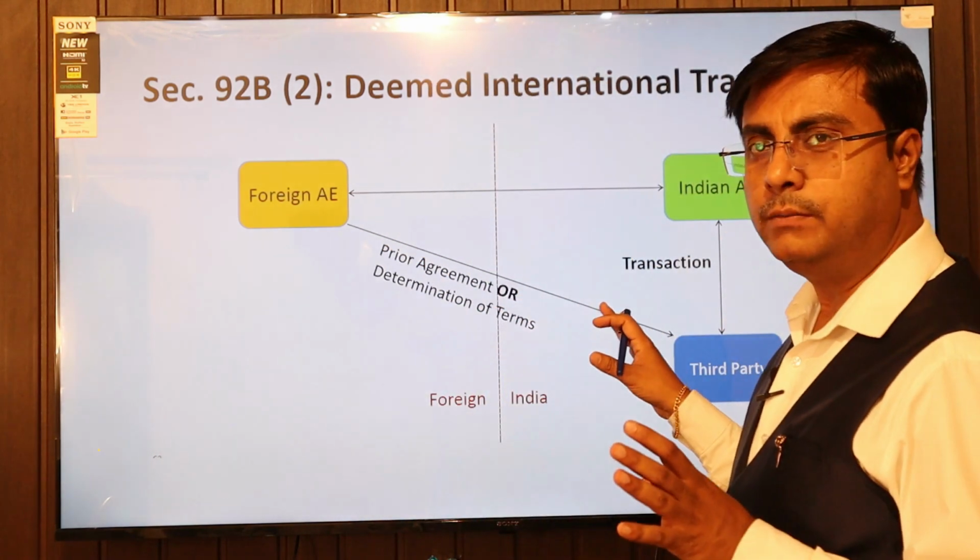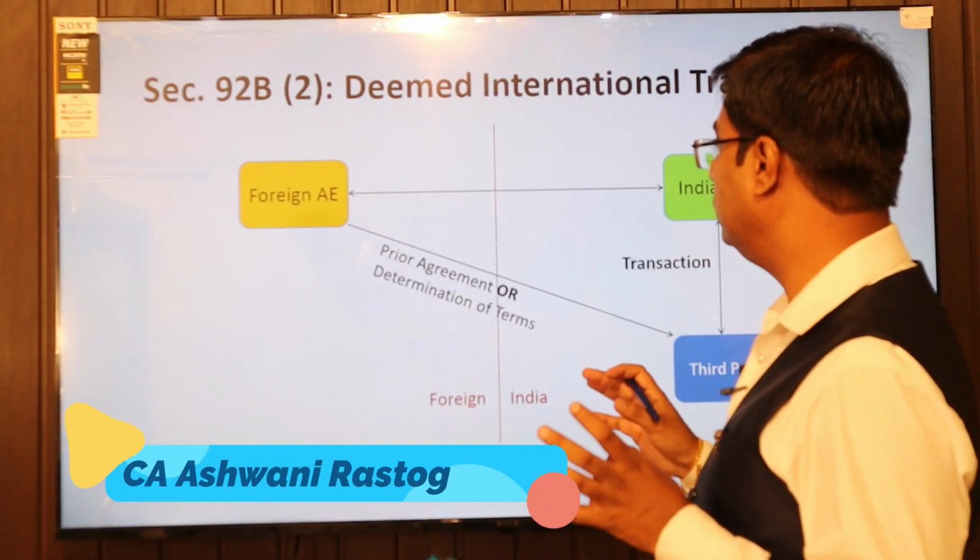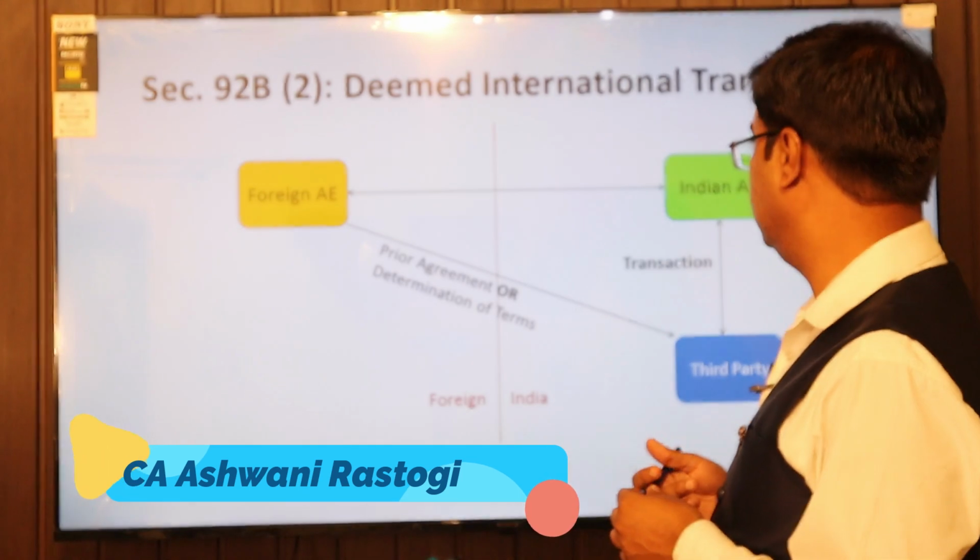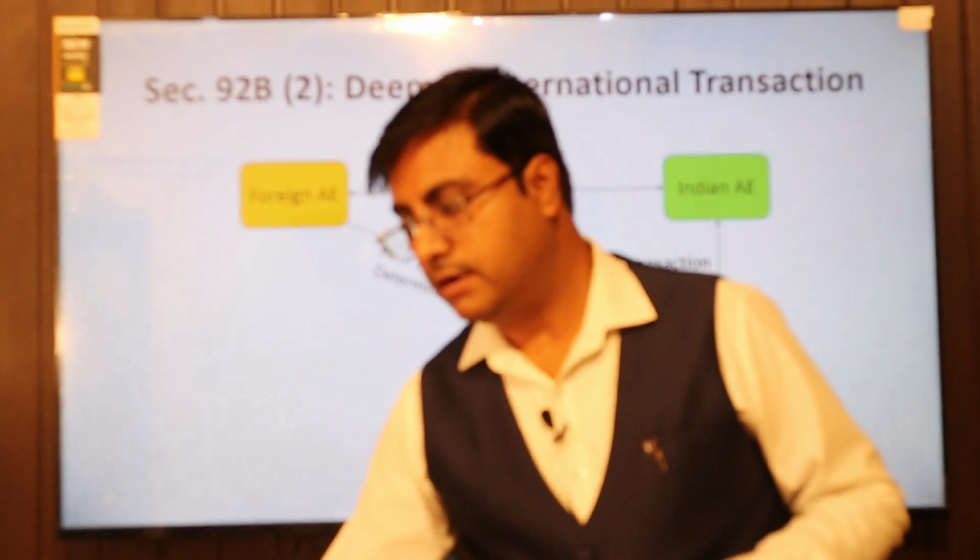So I have enumerated a few examples to ease our understanding. Even though we are dealing with a third party, there is a prior agreement in respect of determination of terms by the foreign associated enterprises. The transaction is still regarded as a deemed international transaction.